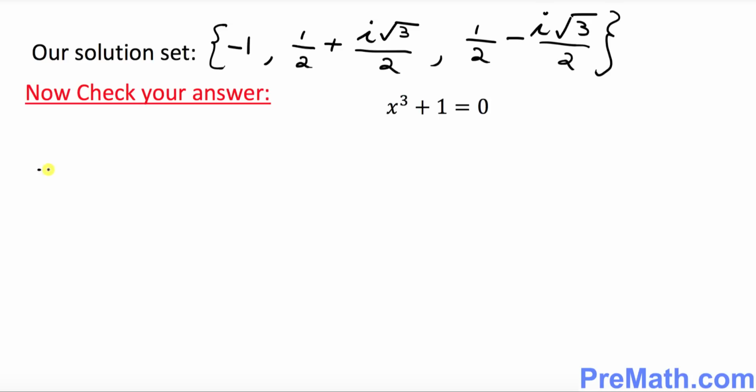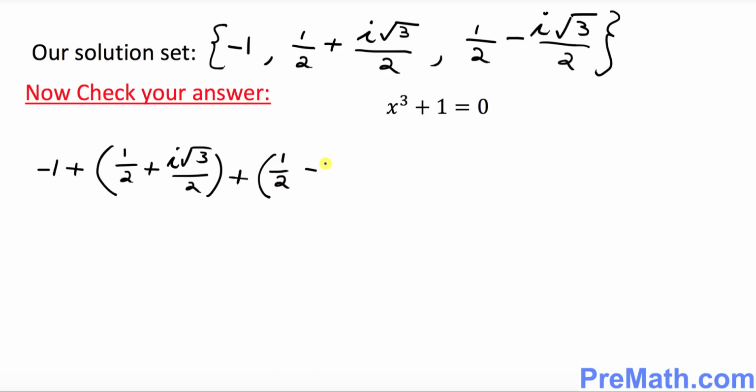I'm going to say -1 plus the second solution, 1 over 2 plus i times square root of 3 divided by 2, and the third solution, 1 over 2 minus i times square root of 3 divided by 2. They must be equal to minus b over a.